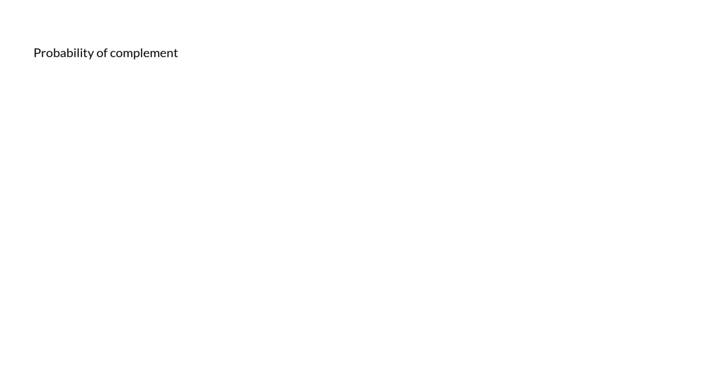We want now to compute the probability of the complement of a subset of a sample space. So let S be as before, and let E1, a subset of S, be some event. Then recall that the complement of E1 with respect to S is the set S minus E1.